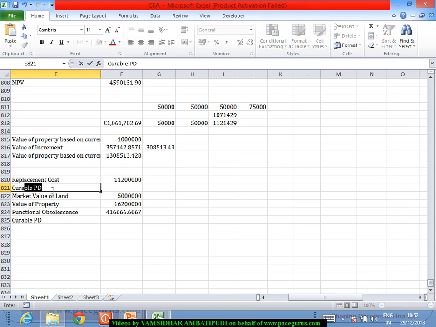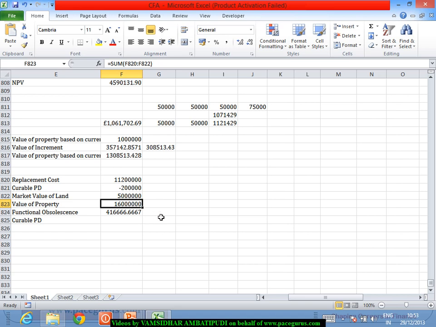So generally the curable physical deterioration, I will consider as a part of this expense. When considering the value of the property, I will subtract the curable physical deterioration, because this part will go as a part of the depreciation value.